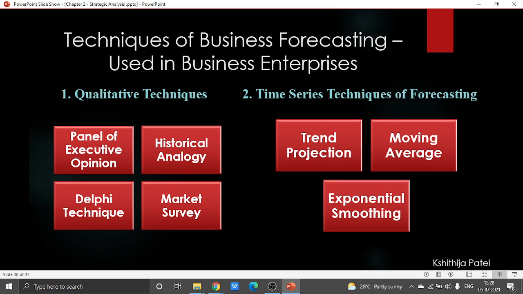And under the third method, they try to average out the actual performance of the previous few years.